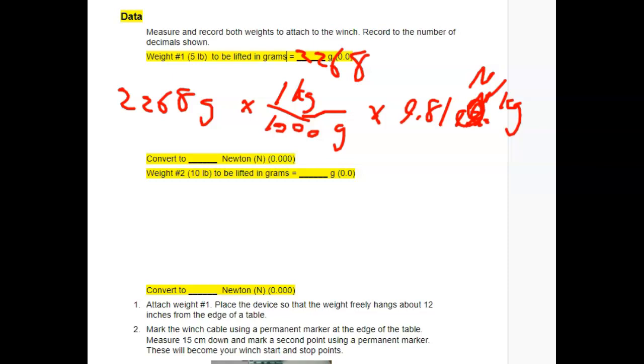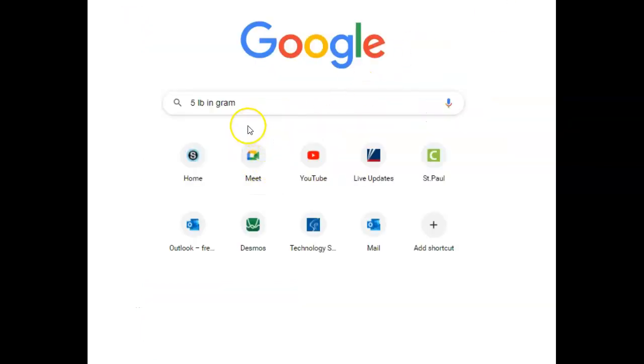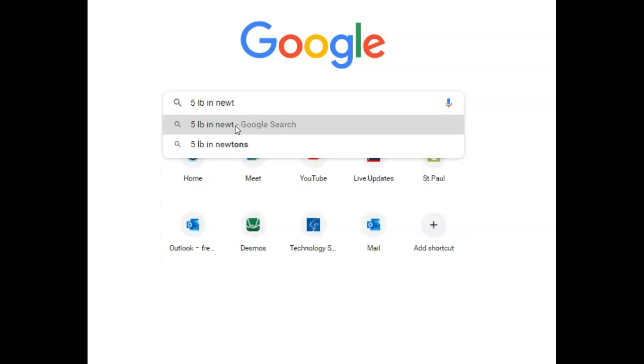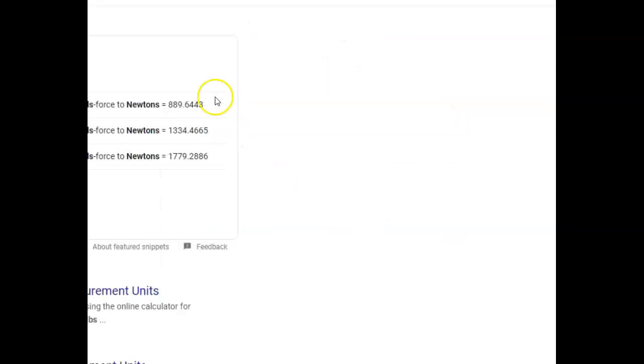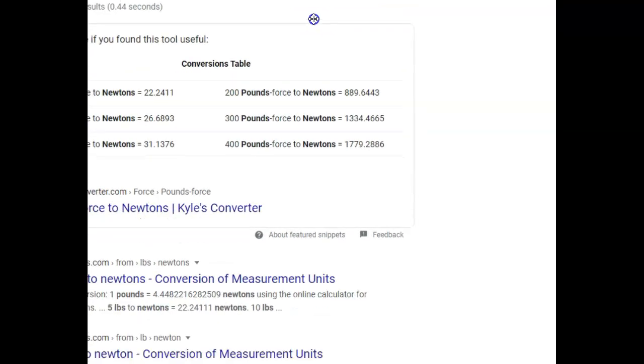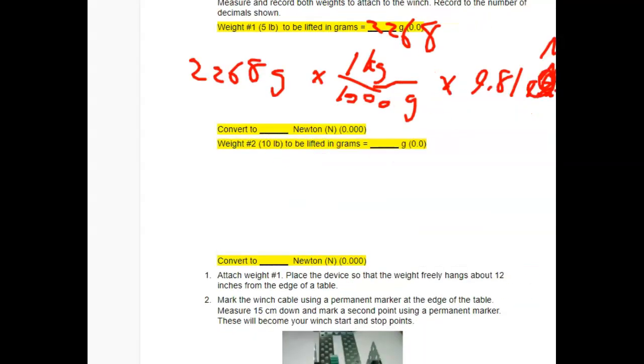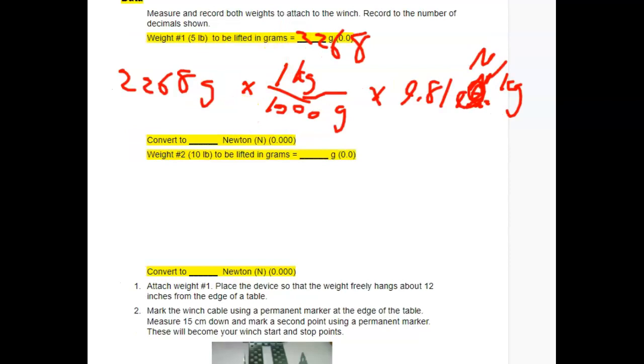We can also do it again with 10 pounds. Also, if you just wanted to go from 5 pounds to newtons to check this, they give us a force here that's not too bad. So we could just put this straight in here, 22.24 newtons.